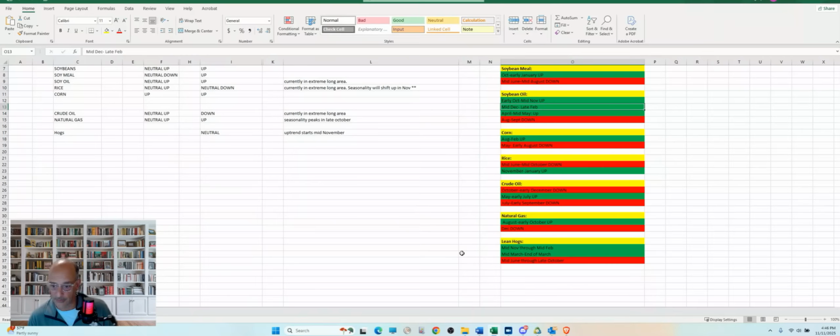And again, from a standpoint of COT, now through mid-February, technically, we have seasonality on our side. So we have seasonality on our side in all these markets right now, except for soybean oil, and that's more of a technicality, because we will pick soybean oil seasonality back up in mid-December.